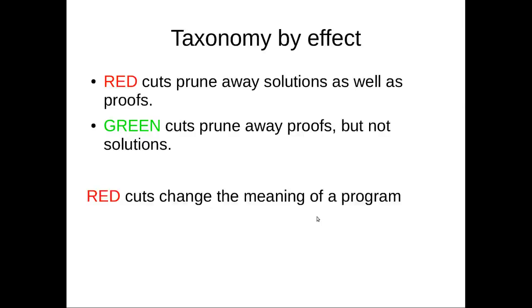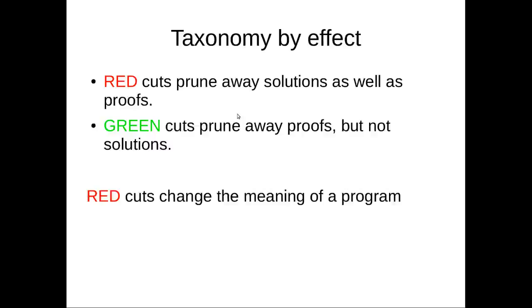We call these choice points, and we give them colors, which is why they've been printed green and red, by their effect. Red choice points may cut away solutions. That is, they actually change the output of the program.